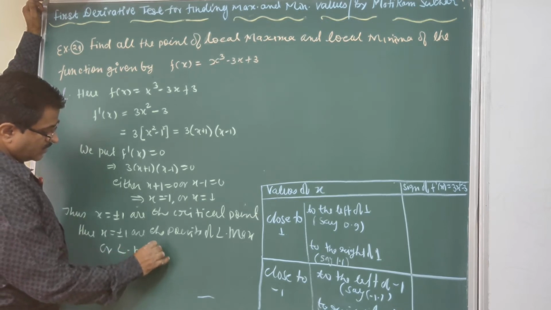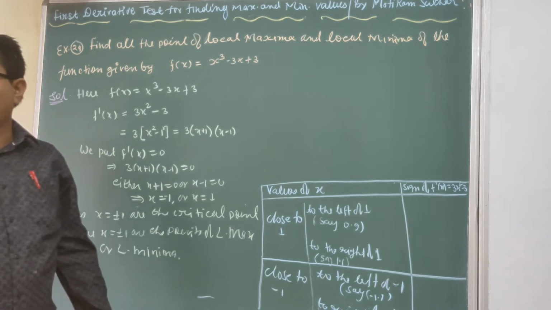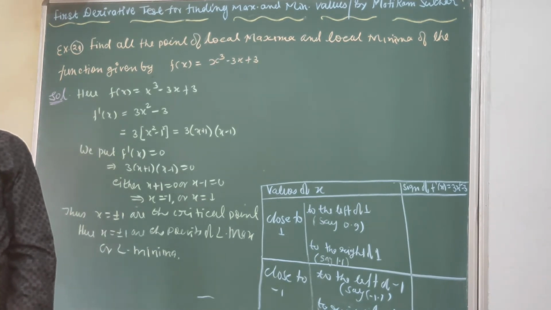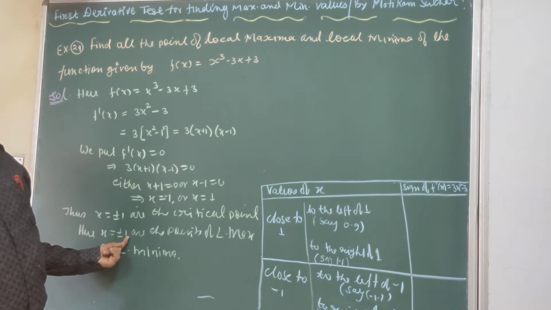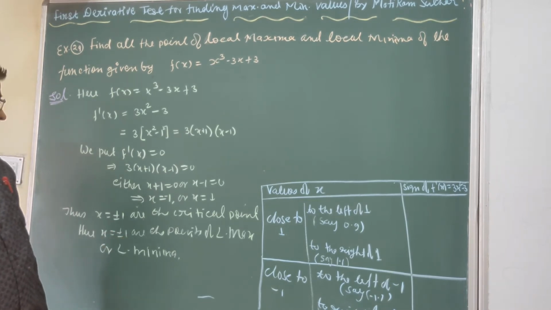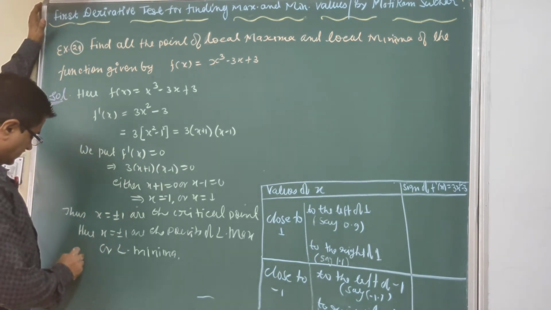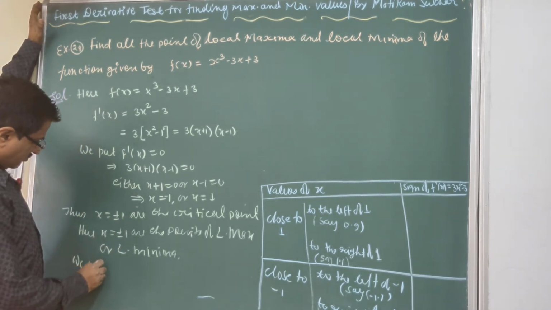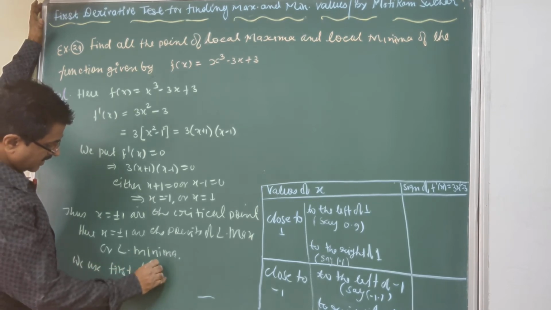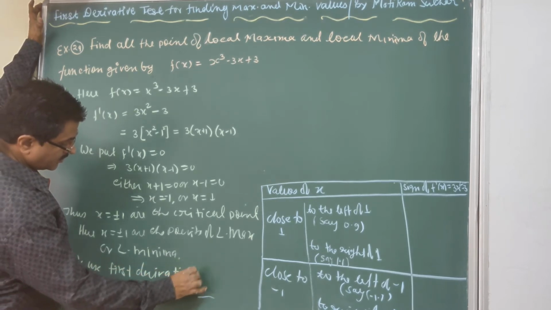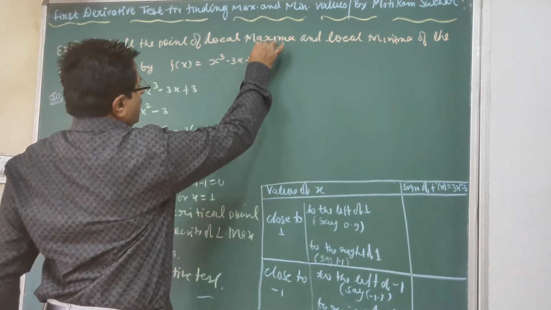Now we have to check at which point it is local maxima and at which other point it is local minimum. So we only have plus minus 1, that is good. Now we can use the first derivative test. What does the first derivative test say?